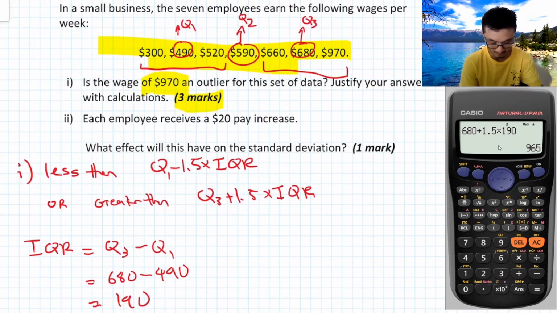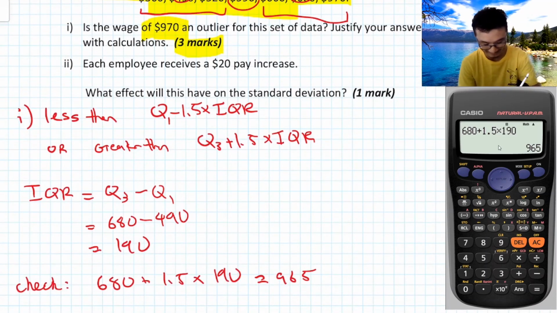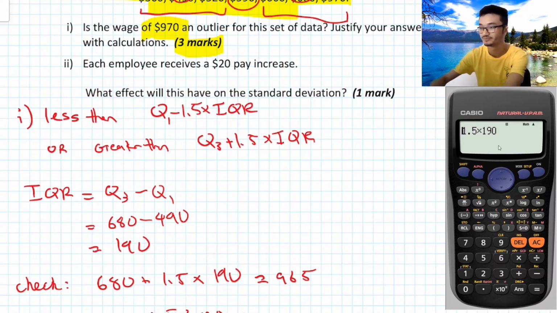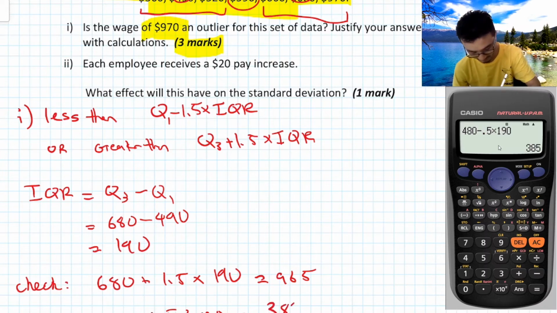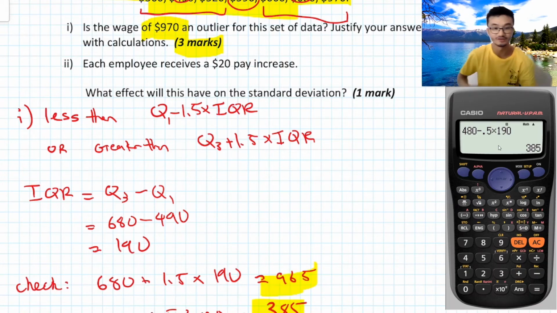Let's check the below one as well. That's going to be 490 minus 1.5 times 190, and we get 385. So I'm looking for values which are less than this or bigger than this.